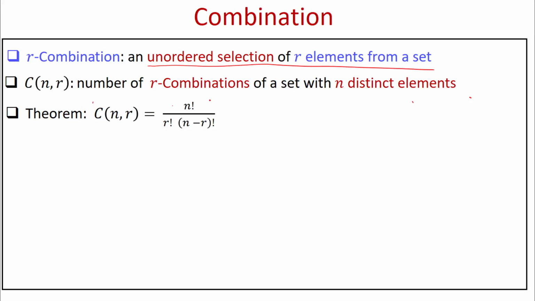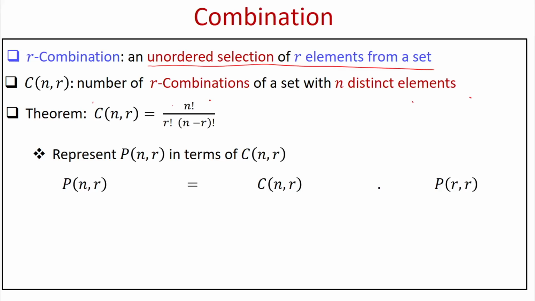There are several ways of deriving that. The simplest way could be to find a relationship between the permutation function and the combination function. My claim is that the output of the permutation function, namely P of n comma r, is nothing but the product of C of n comma r multiplied with P of r comma r.